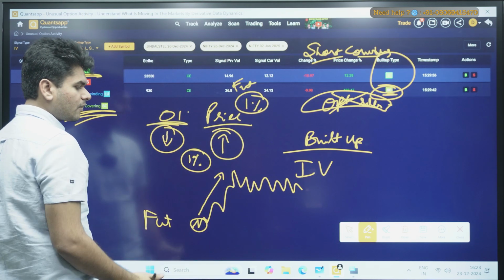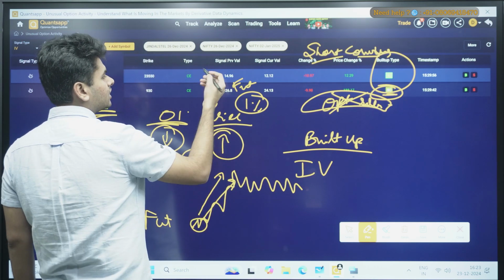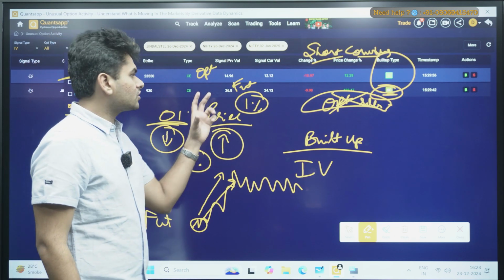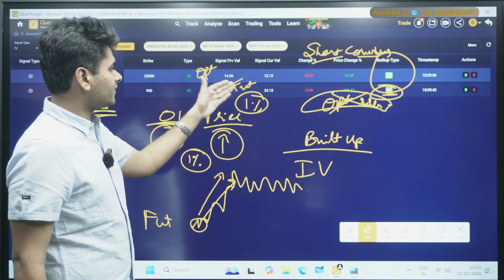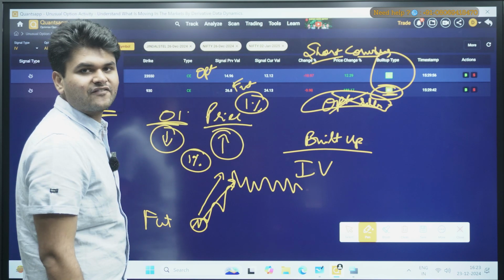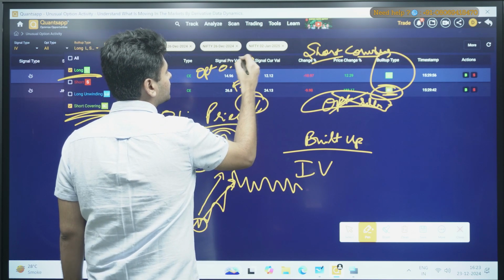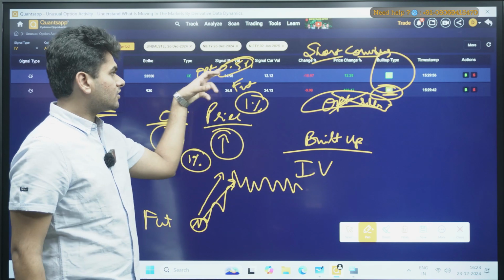But when we talk about options, if you bought a call option, an at-the-money call option, at the money you have a delta of 0.5. So if you have a 1% gain, that is a 0.5% gain in the option.